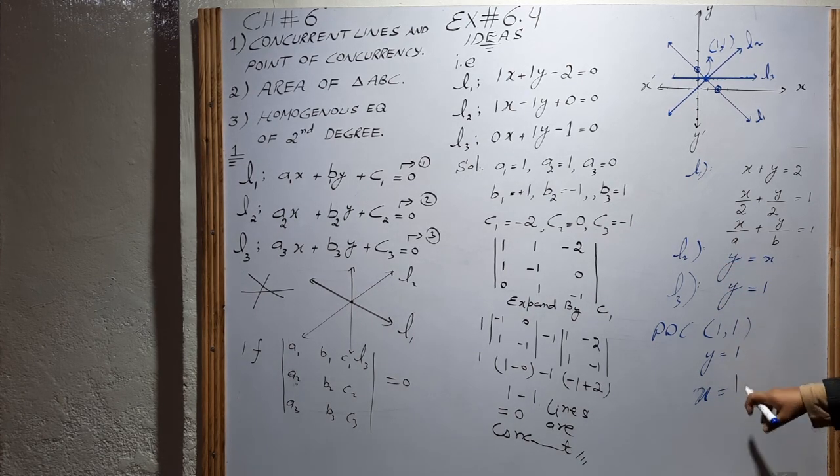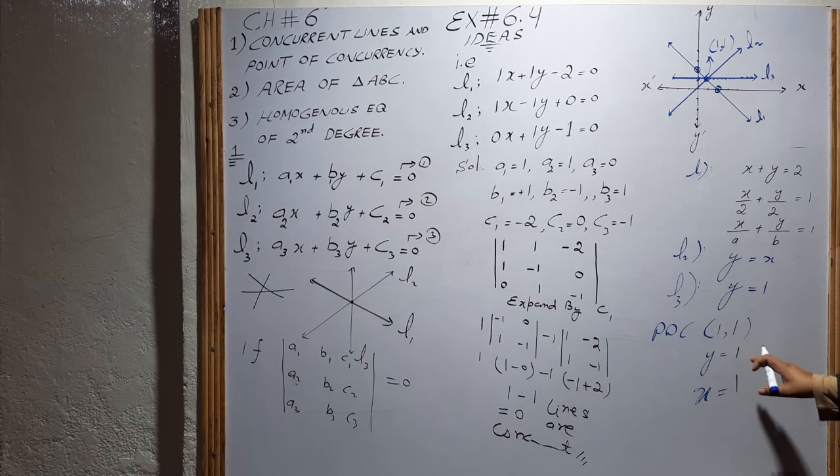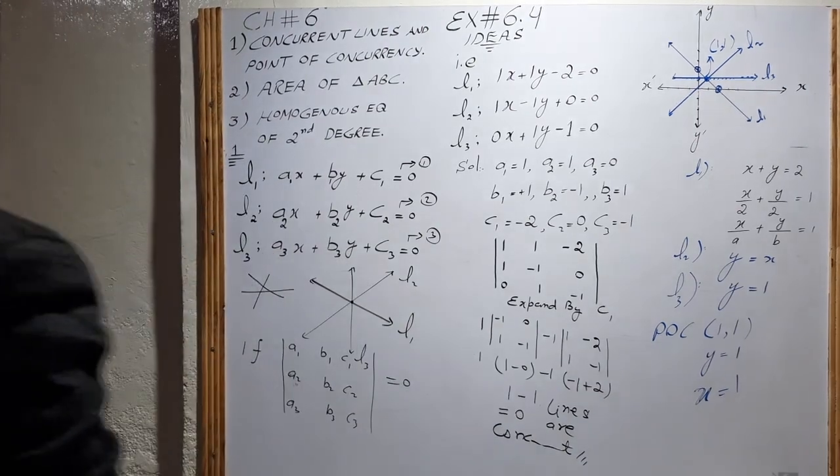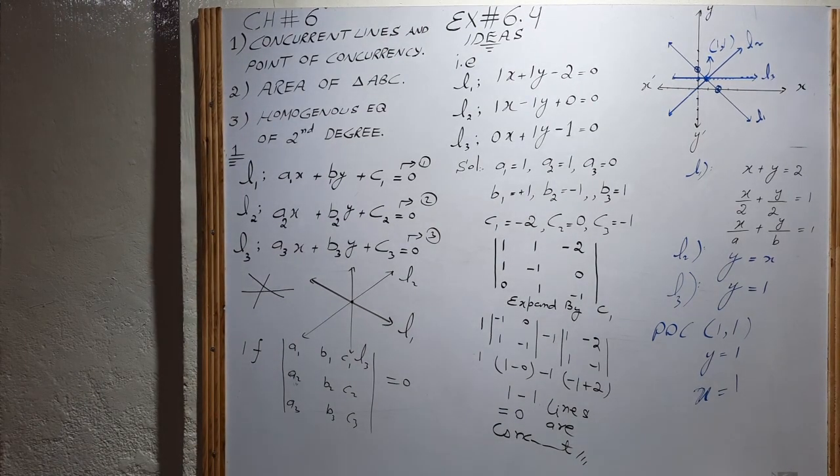It means that the point of concurrency in this case is 1 comma 1. This is all about concurrent lines in a particular example, and we showed that the lines pass through a single point graphically.